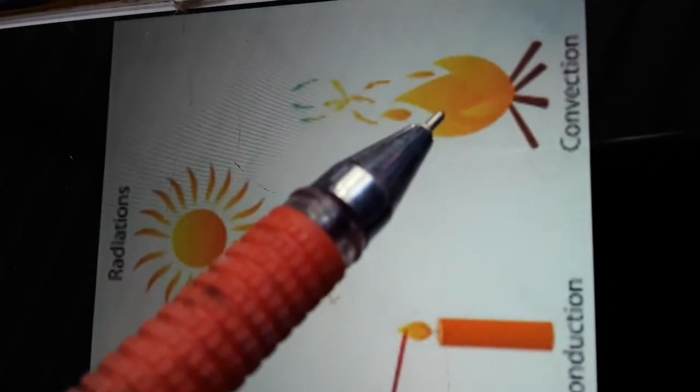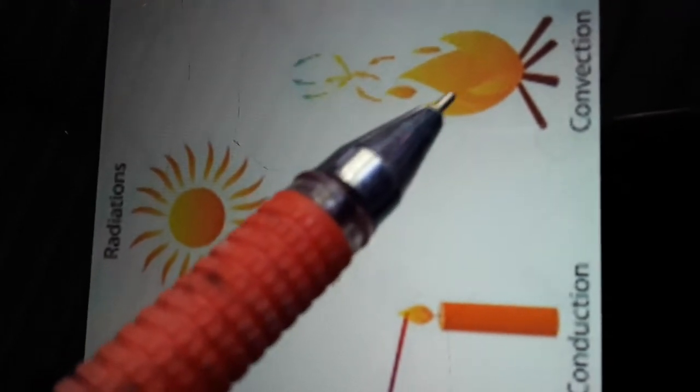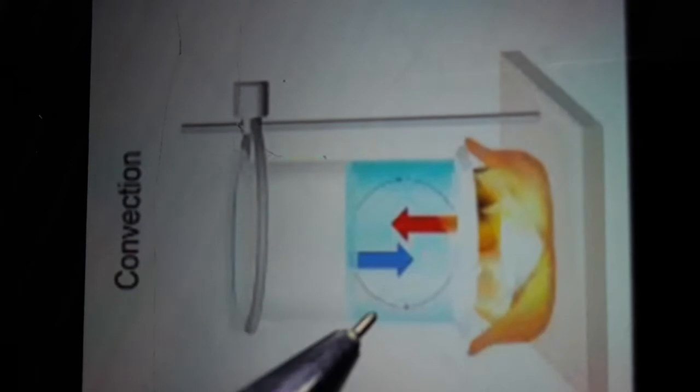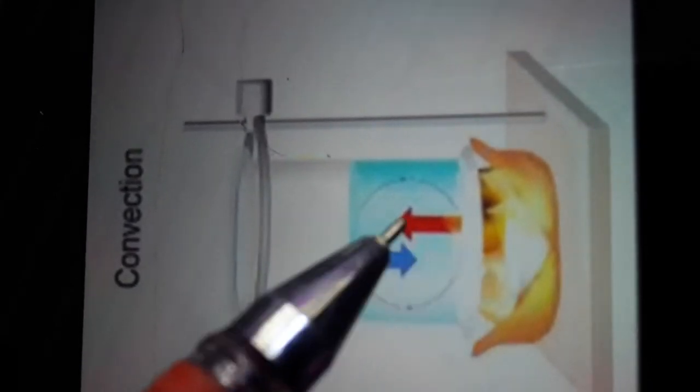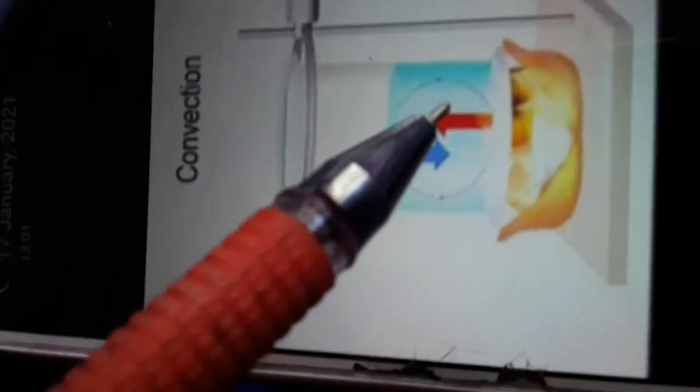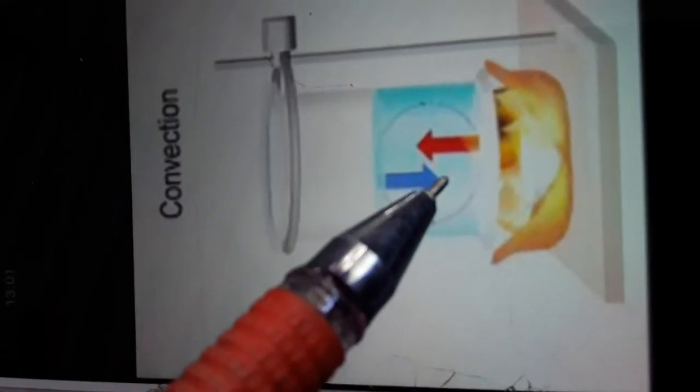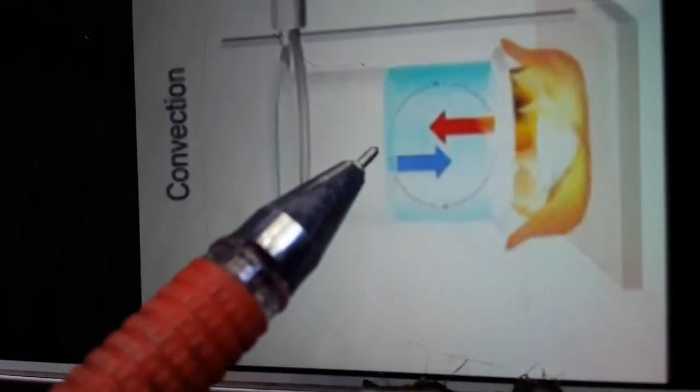What is convection? We can see convection in daily life. Look at the picture of this convection. See the beaker consisting of water. When we are giving heat, the heat flows from the place of higher temperature to the lower temperature by the movement of the fluid itself.